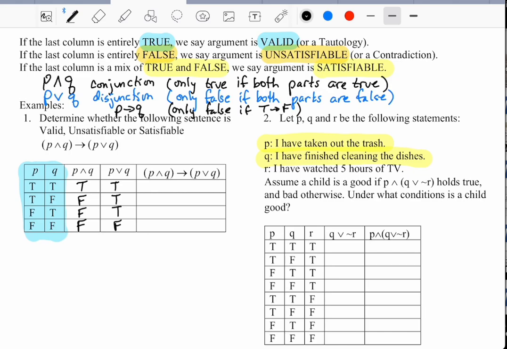The last column is telling us to ignore the first two and focus on these two and apply the conditional rule, the sideways arrow rule, which says a sentence is only false if the first part is true and the second part is false. And that never happens. So this sentence is what we call valid because it's always true.